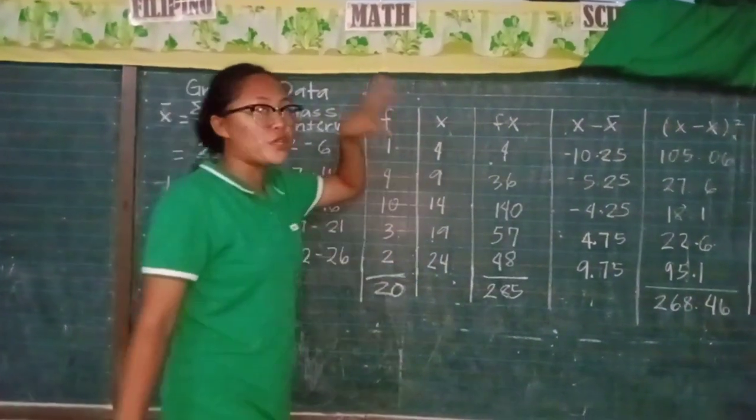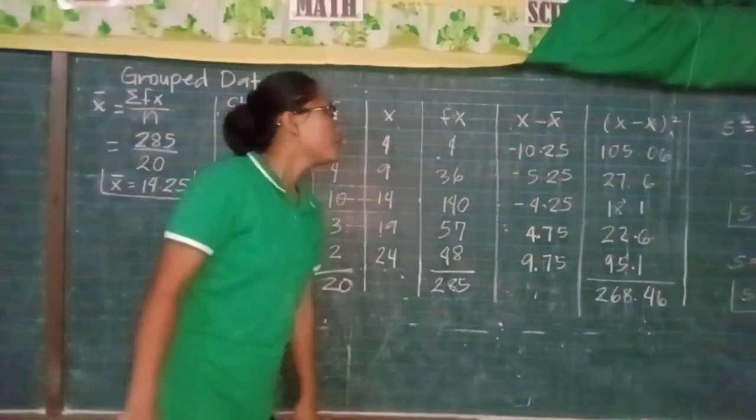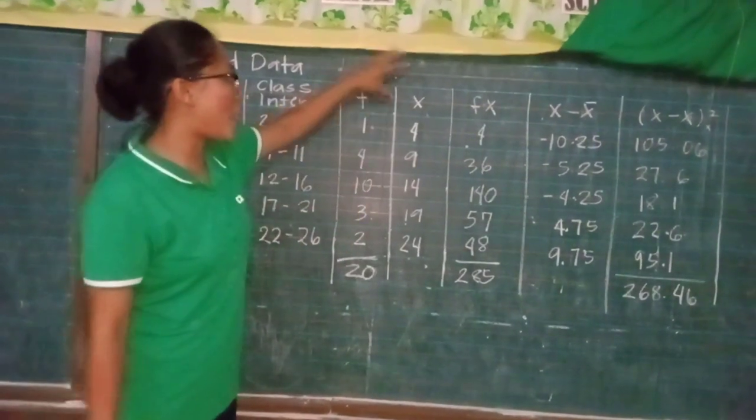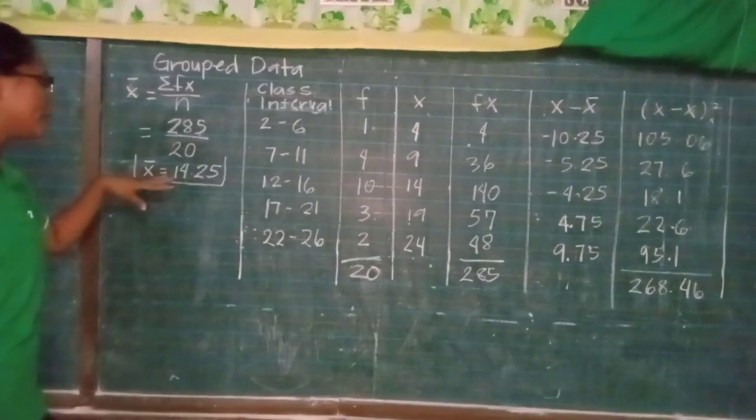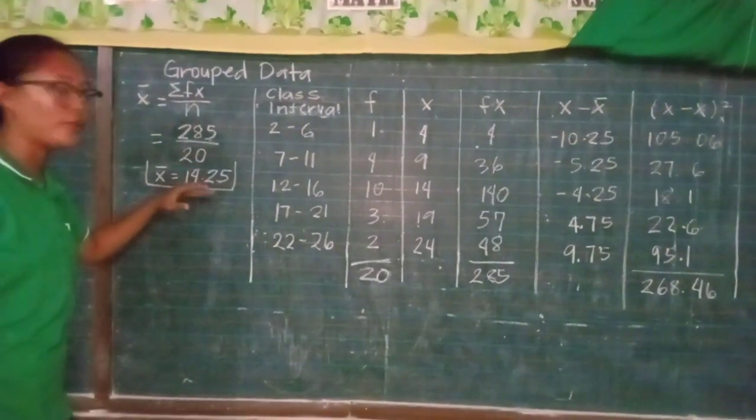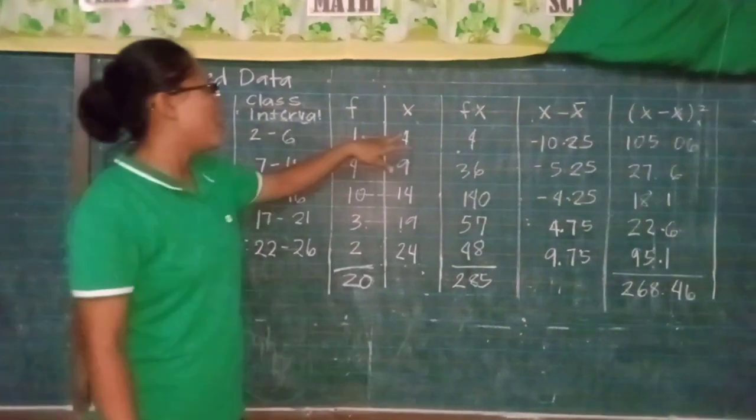And we will proceed to this column. But before that, we will subtract our x to our mean value, which is 14.25.